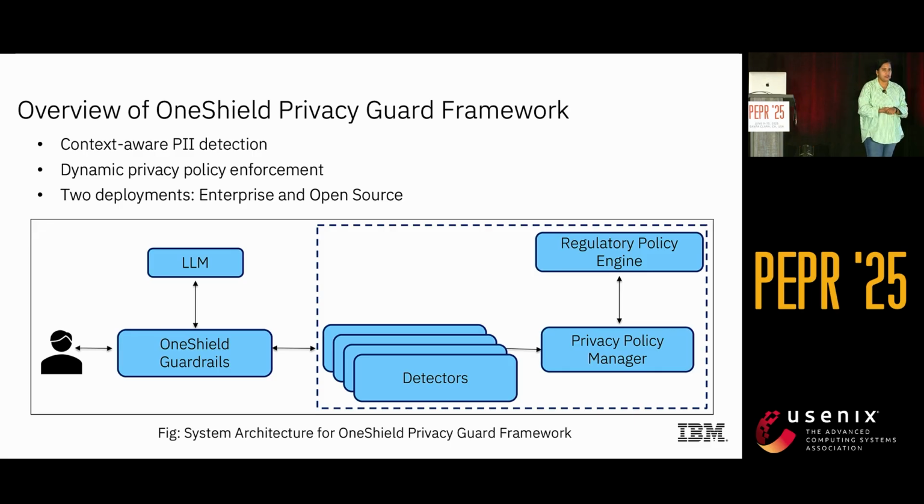We have a privacy policy manager because we want to customize our guardrails to be suitable for enterprise clients. For example, for a PHI client, we want to be able to still let some amount of PHI information pass through.